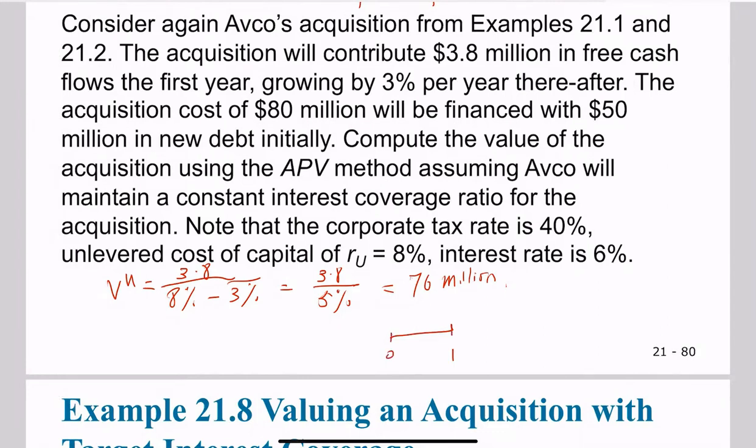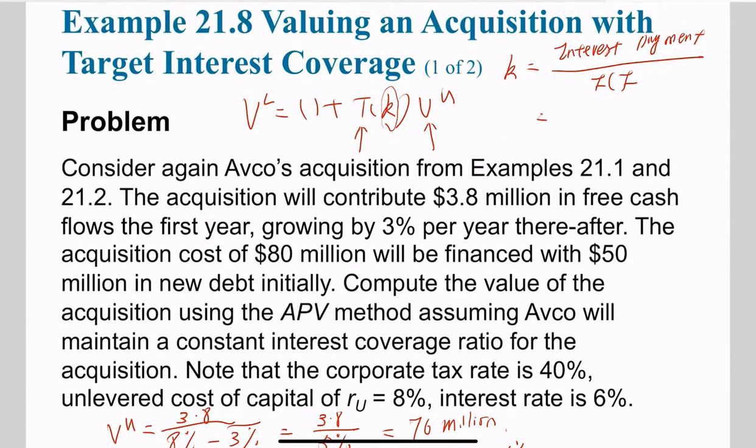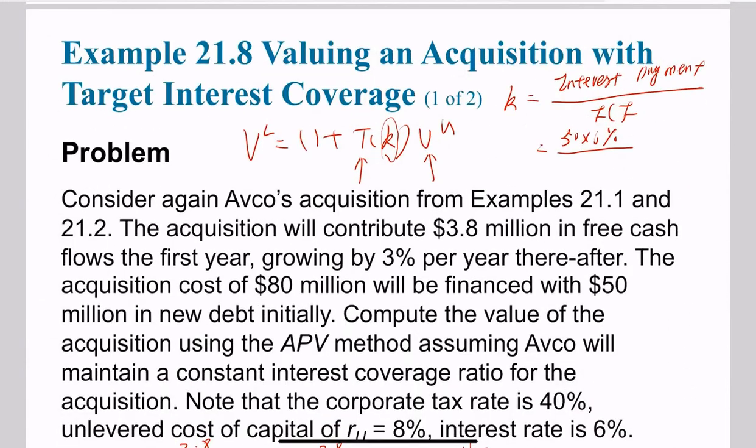So in the first year, the free cash flow is 3.8. What is the interest payment? Well, we know that the firm will have a debt of $50 million. So the interest payment should be $50 million times 6%, right? So what you can see here is, the K here is $50 million times 6% divided by free cash flow 3.8. So let's see what is the K here.